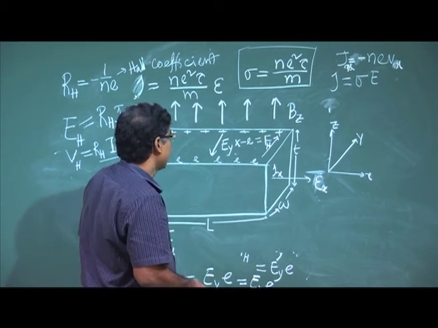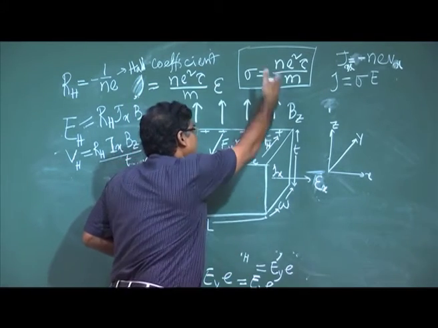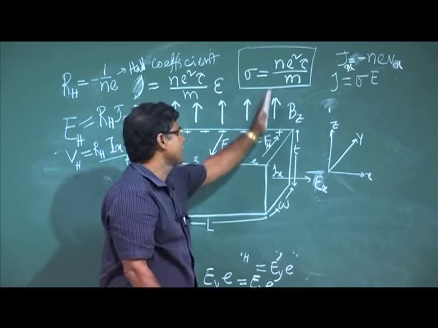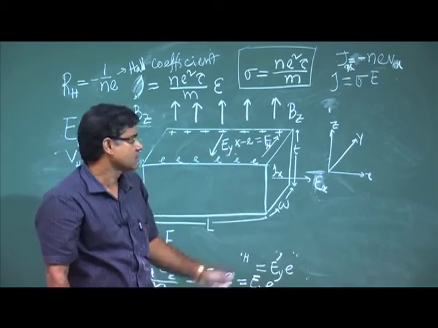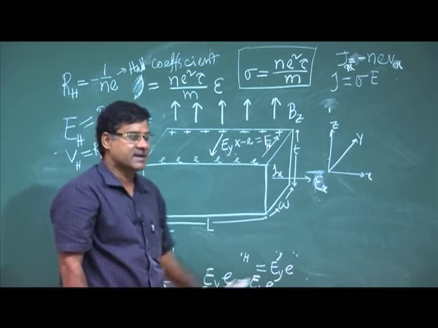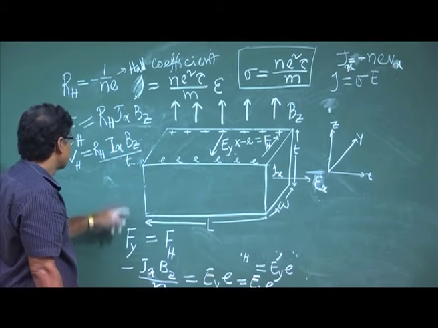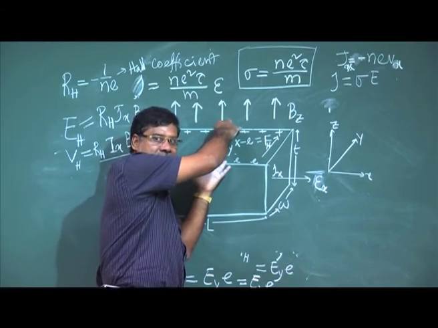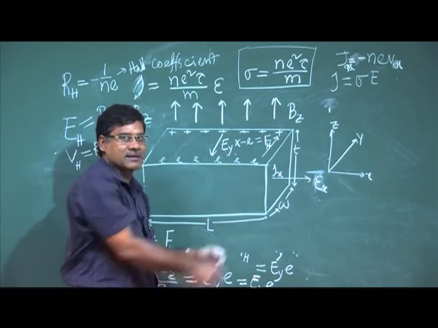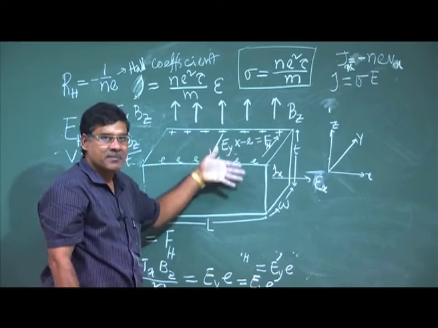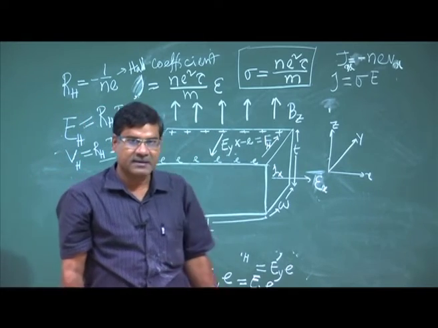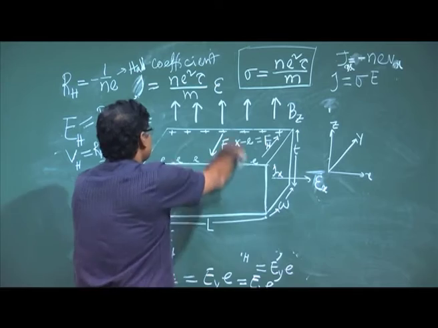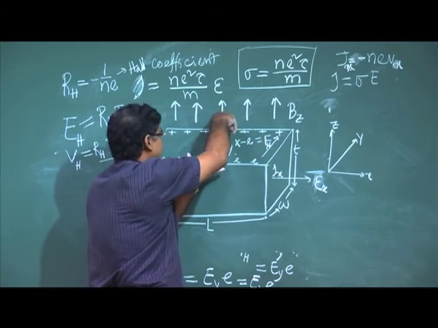Now, if I place this sample in a constant magnetic field B along the z direction, so it is B z, what will happen here? There will be a voltage along the y direction. I just have to measure the voltage along this y direction.